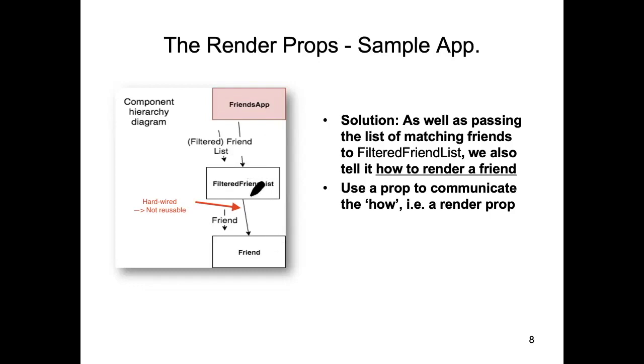So this design isn't going to work, and on the right I'm showing you the solution. The solution would be to pass not only the list of matching friends, but also pass down as a prop a way of communicating to my filtered friends list how it should display each friend. And I'm going to do that using the render prop pattern.